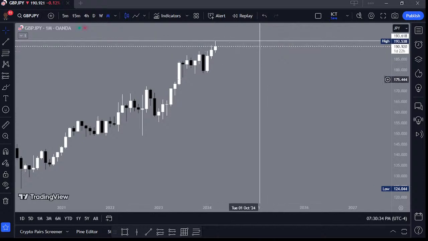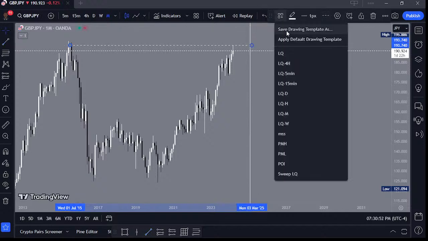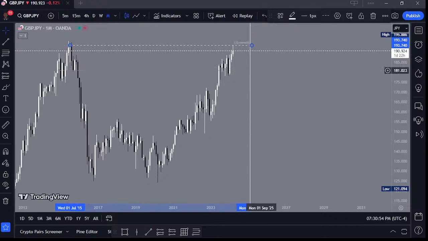So preferably, after taking liquidity, we are looking for a pullback, though we were trending upwards. So our monthly liquidity is taken out.